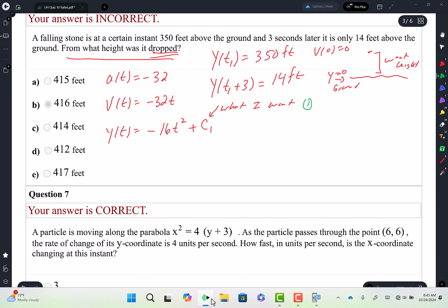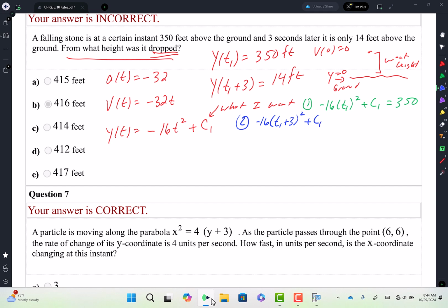So here you go. We're going to do 2 equations. Equation 1, negative 16 parentheses t1 close it squared plus c1 equals 350. Equation 2, negative 16 parentheses t1 plus 3 close it squared plus c1 equals 14. I'm going to do algebra with equation 2, guys.